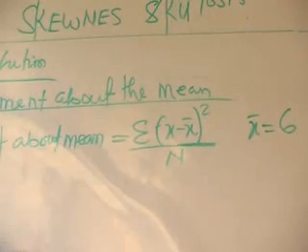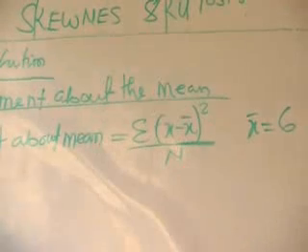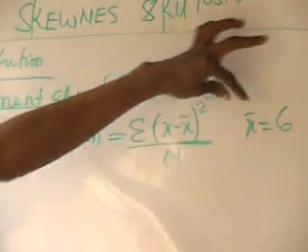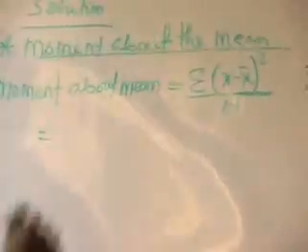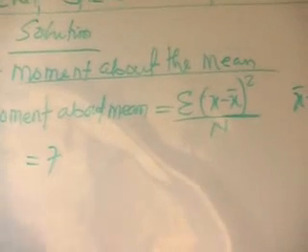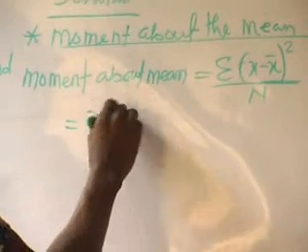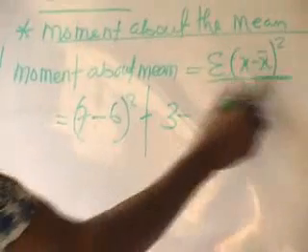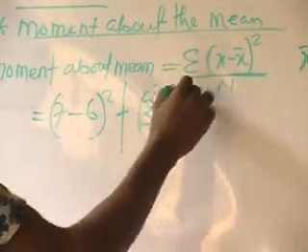Second moment about the mean is going to have power 2. If it is third moment, the power will be 3. So we are still going to subtract our x bar, and the x bar is 6. Our second moment will now be equal to: x is 7, minus x bar, which is 6, raised to power 2. Then plus the second x, 3 minus 6, raised to power 2.